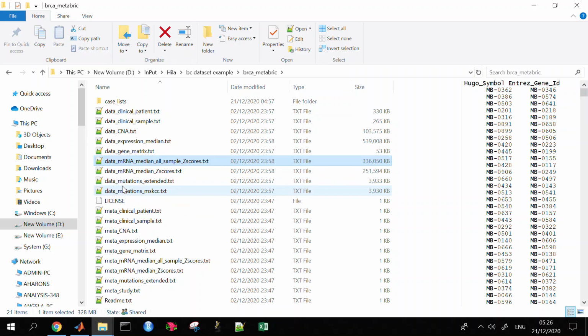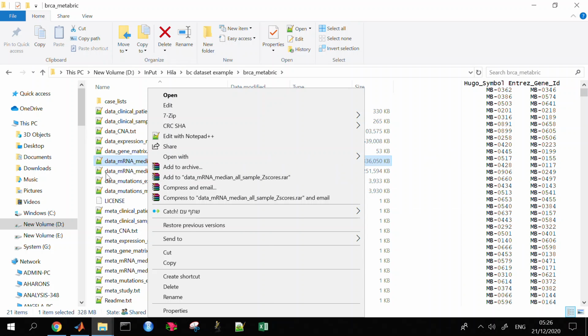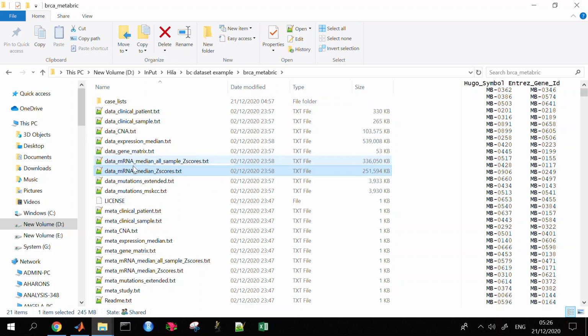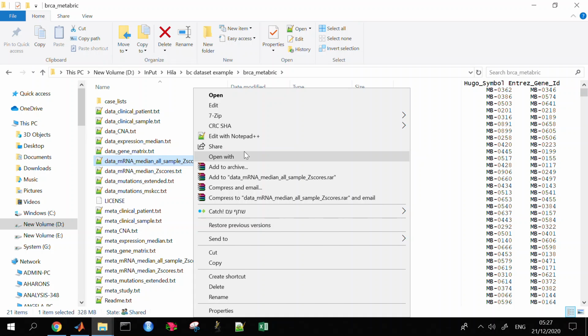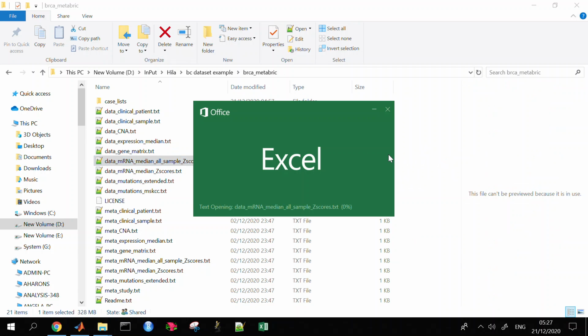While we can deal without a mutation table, we do need at least a gene expression table and a clinical table. Okay, so let's open it. And usually the gene expression table will be called mRNA, median, and it will be normalized. So let's open it with Excel.